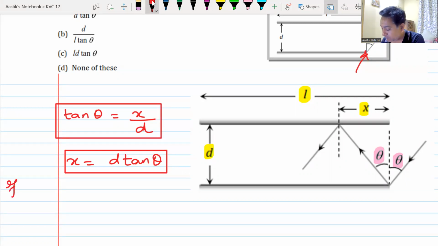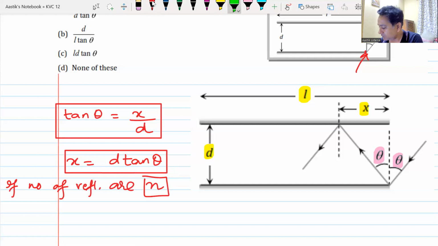If the number of reflections are n, and I hope everyone understands this, then n times x must be equal to L. I hope all of you understand this green point.